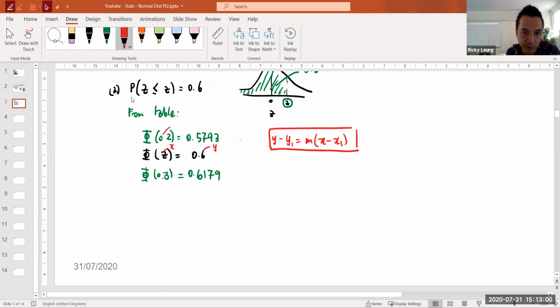This is like x1, this guy here is like y1. So that's the first point. This guy's like x2, and this guy's like y2. Now, I'm going to find the gradient first. The gradient in this case is going to be y2 minus y1 over x2 minus x1.